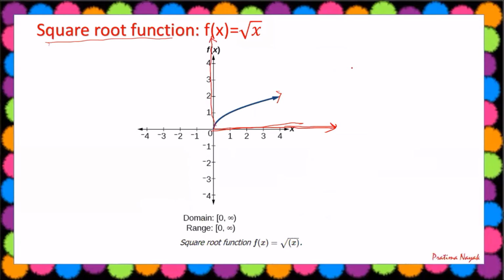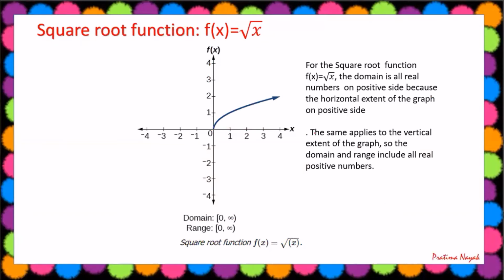So here the domain is equal to all non-negative real numbers, and the range is also all non-negative real numbers. 0 is included here because the graph is passing through the origin. That means x can be 0, y can also be 0. So the domain is equal to 0 included to infinity. The range is also 0 included to infinity.